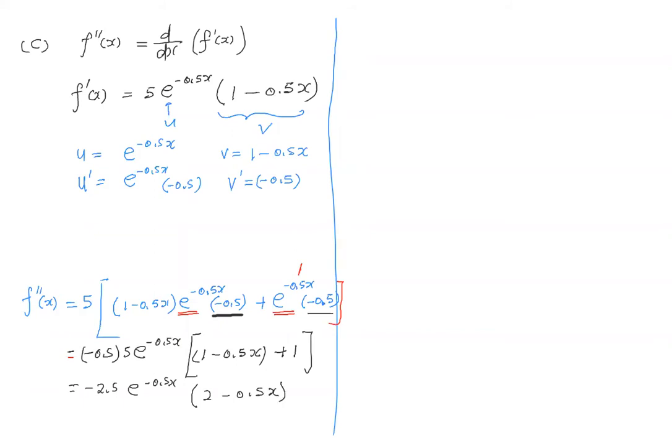Okay, the question says f double prime x equal to 0, correct? So I will write down negative 2.5 e to the power of negative 0.5x times 2 minus 0.5x equal to 0. Okay, so how am I going to solve this?